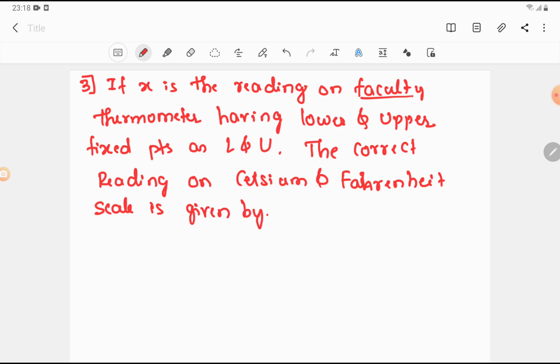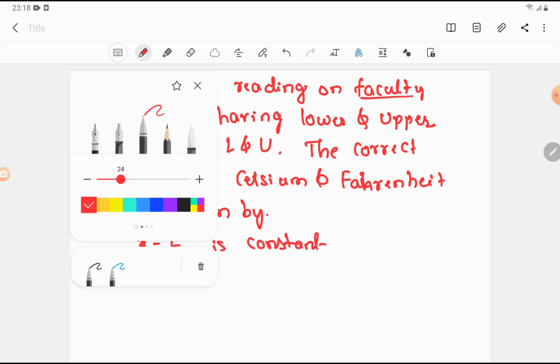I already taught in the previous lecture. If x is the reading on the faculty thermometer having the lower and upper fixed points as L and U, the correct reading on the Celsius and Fahrenheit scales is given by x minus L by U minus L is a constant.